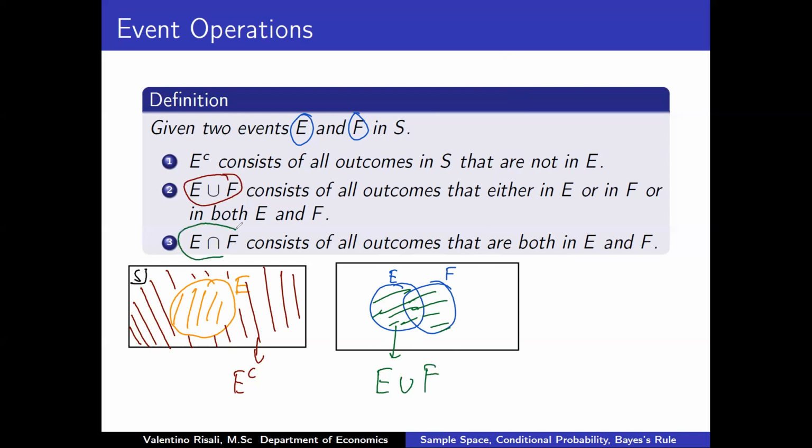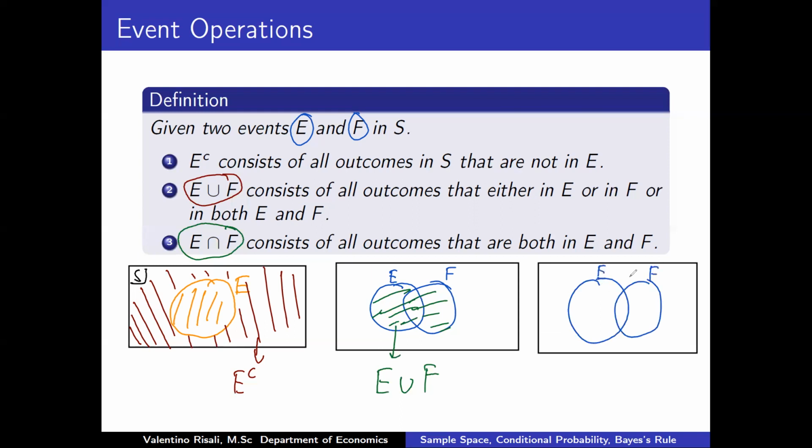Then for the last operation, it is the intersection of E and F. For the illustration, this is E, this is F, and the intersection of E and F consists of all outcomes or members that are in both E and F. So in the third picture, the intersection of E and F is this area.